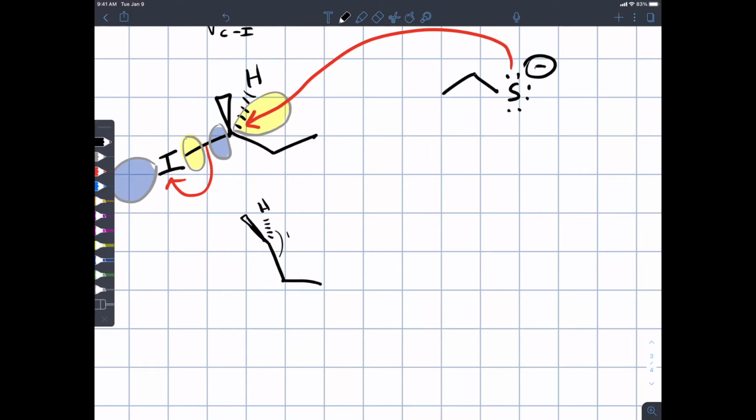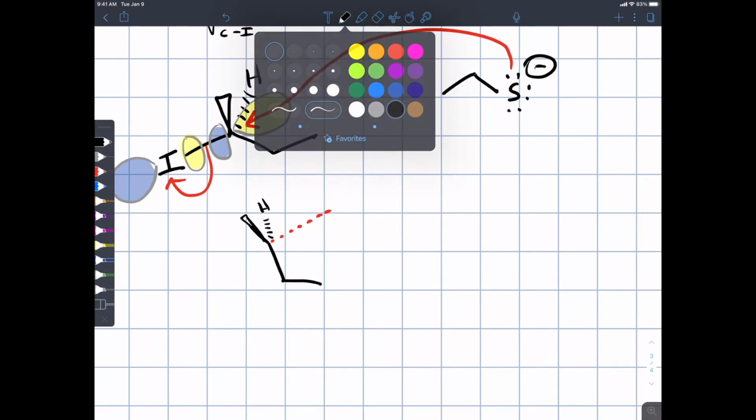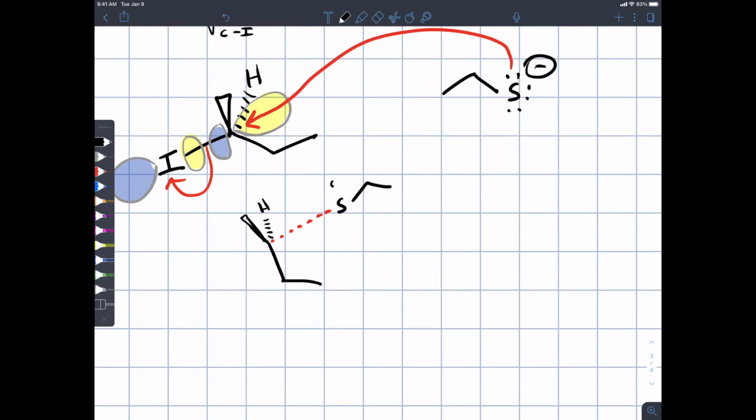Bond angles here would be around 120 degrees. It's basically sp2 hybridized. Here is your nucleophile coming in, as I said, from the backside. Here is your iodide leaving from the front side.